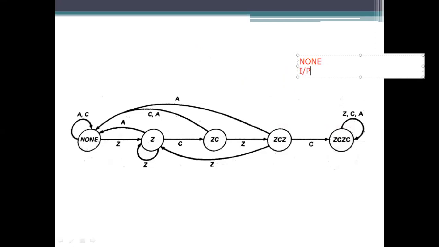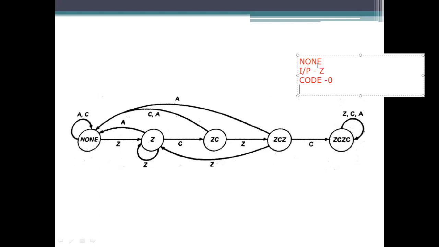If the input value is Z, take it as a correct input value. What is the code of that Z? Make it 0: 0 for Z, 1 for C, 2 for the remaining A. And what is the output here?